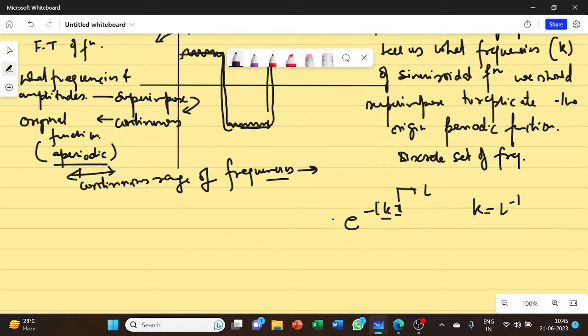In physics, you can talk of the dimensions of k. It depends on which sort of space you are working in. If you are working in time domain, this t would imply your time, so your k would imply inverse of time, or basically your frequency.